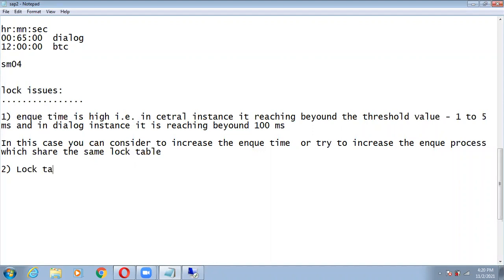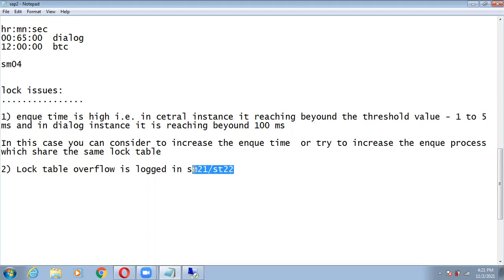Lock table overflow is logged in SM21. If suddenly the value increases, a log will be generated in SM21 and at the same time dumps will be generated in the ST22 T code.